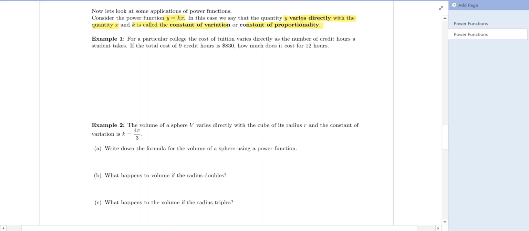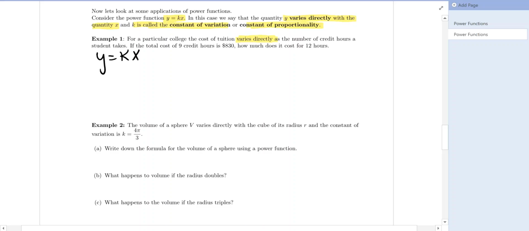So let's look at an example. For a particular college, the cost of tuition varies directly as the number of credit hours a student takes. As soon as you see that it varies directly, you're going to write that y equals k times x. It means you are in this case.